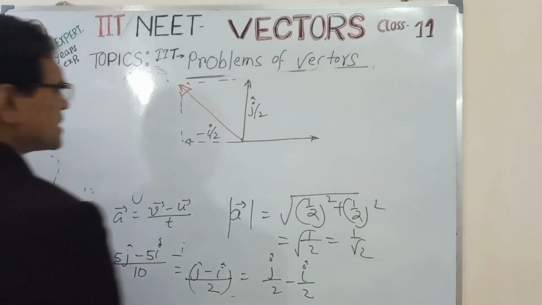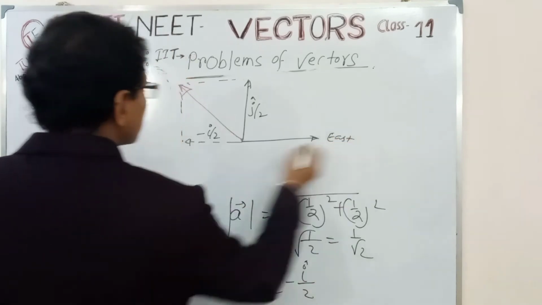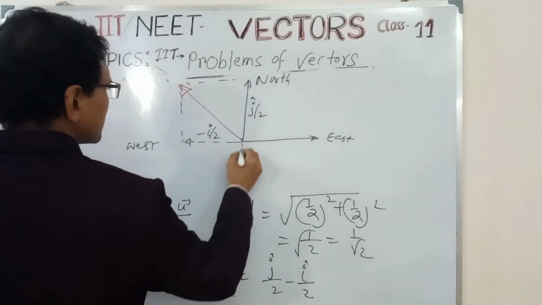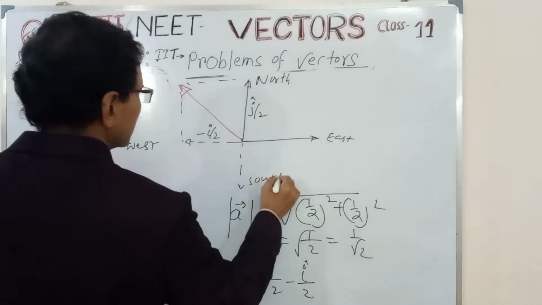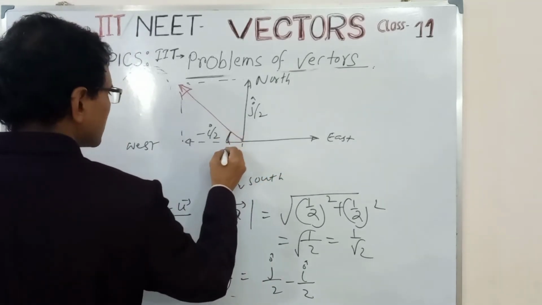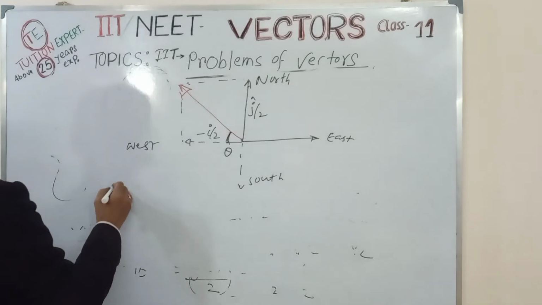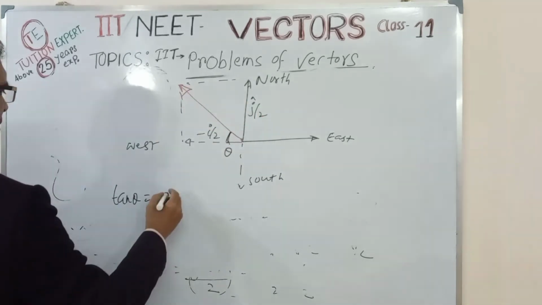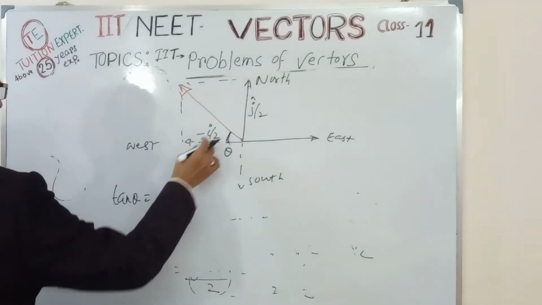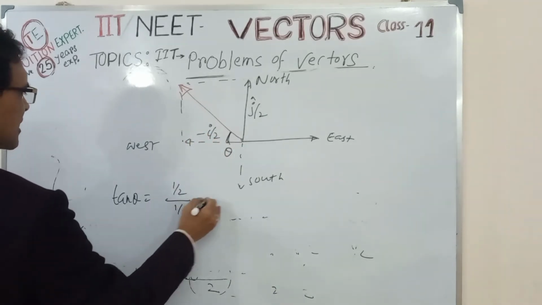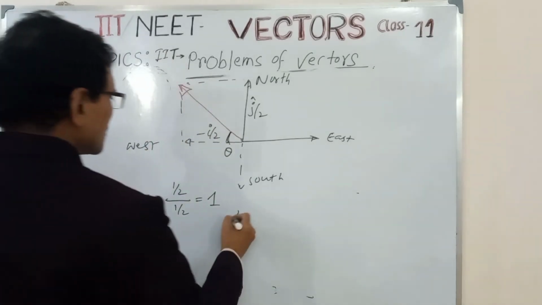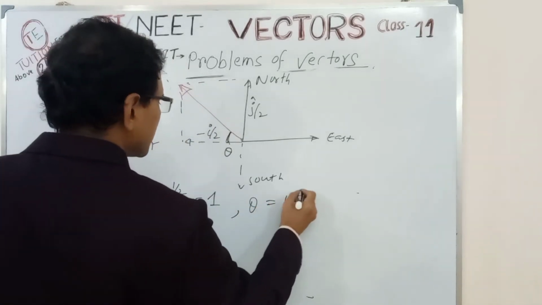If this is east, this is west, this is north, and this is south. Now that angle is theta, and theta equal to perpendicular magnitude, half, by base magnitude, also half, that is 1. So theta equal to 45 degree.